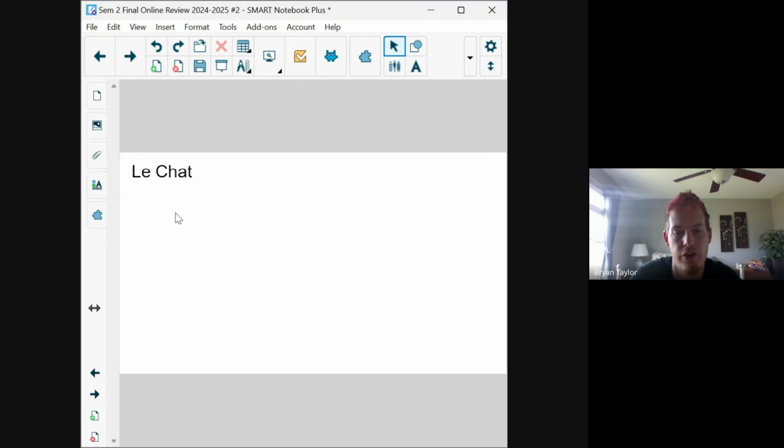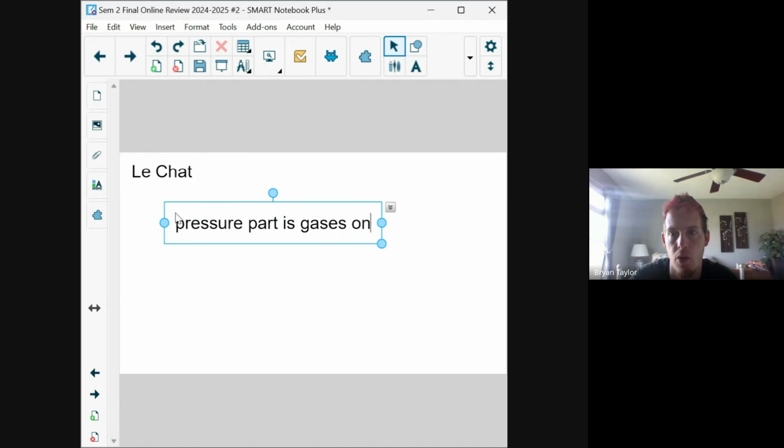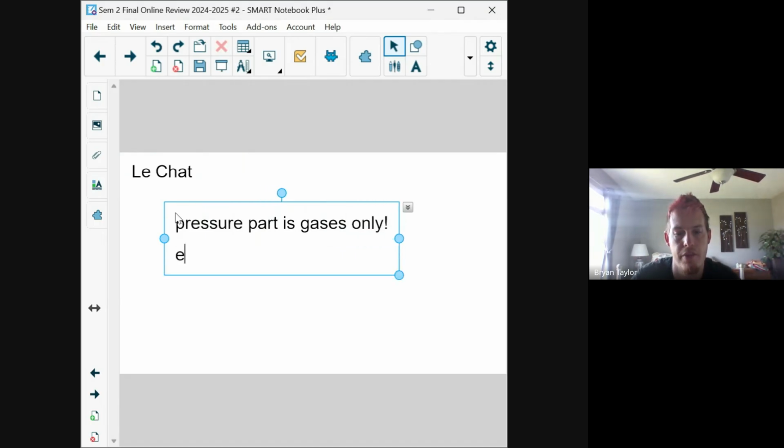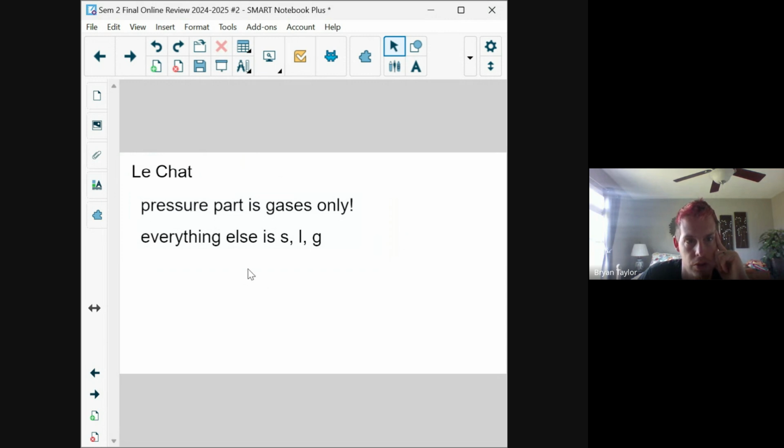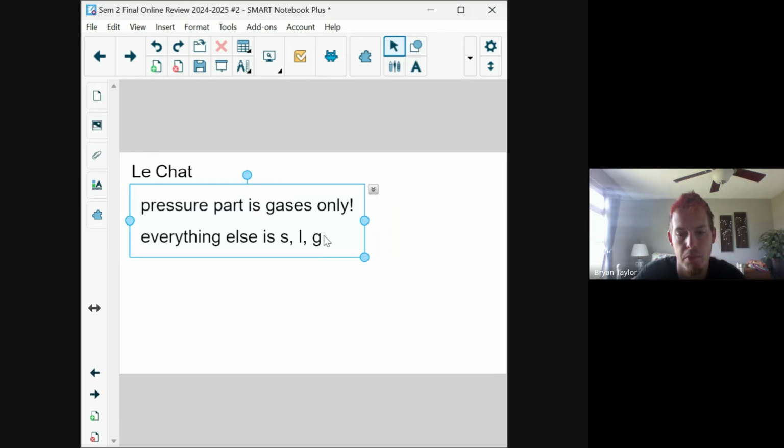For Le Chat, the pressure part is gases only. Everything else is solid, liquid, gas. Yeah, when you hear pressure, you only care about the gases. Everything else, it doesn't matter. That's a good question. And let me add aqueous as well.